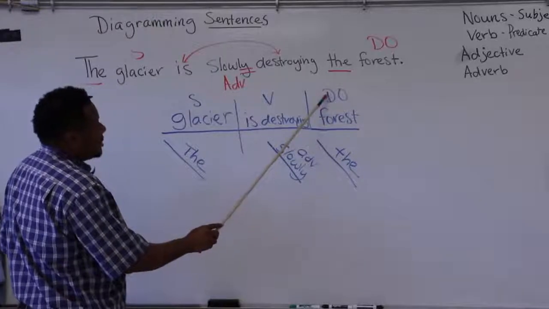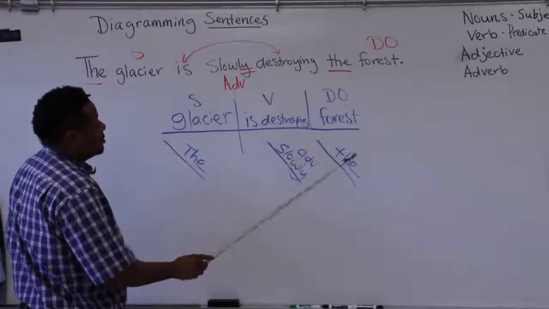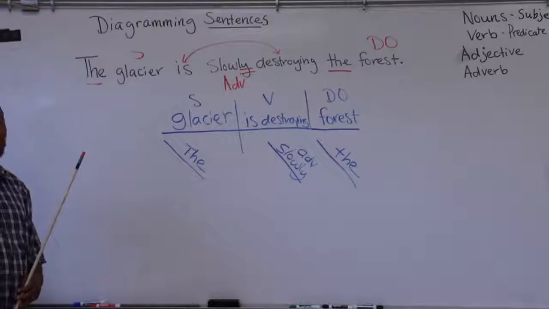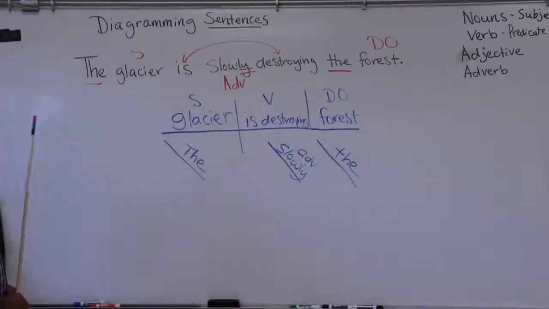Forest is the direct object in this sentence. So the glacier is slowly destroying the forest. This is how you would do a diagram sentence with direct objects. And that will conclude the second part of diagramming sentences.